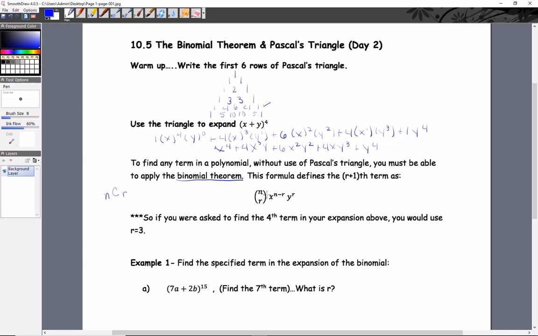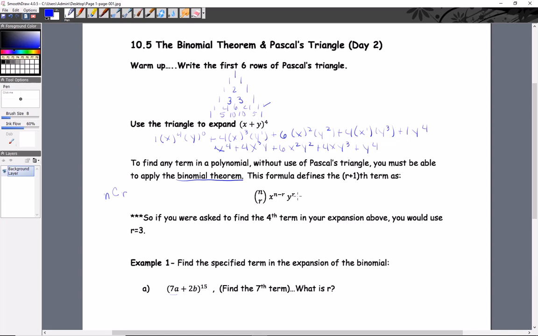Then we have the first thing in our binomial, the first term in the binomial, like up here. And it's not always an x. It might be like down here, a 7a or so, whatever. It'll be to the n minus r power, and n will be the number of your exponent on your binomial expansion. So here n would be 15. And then y to the r.